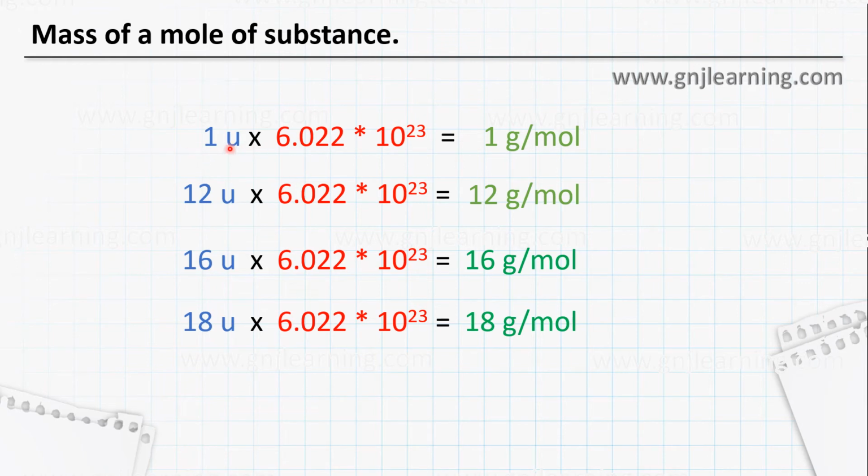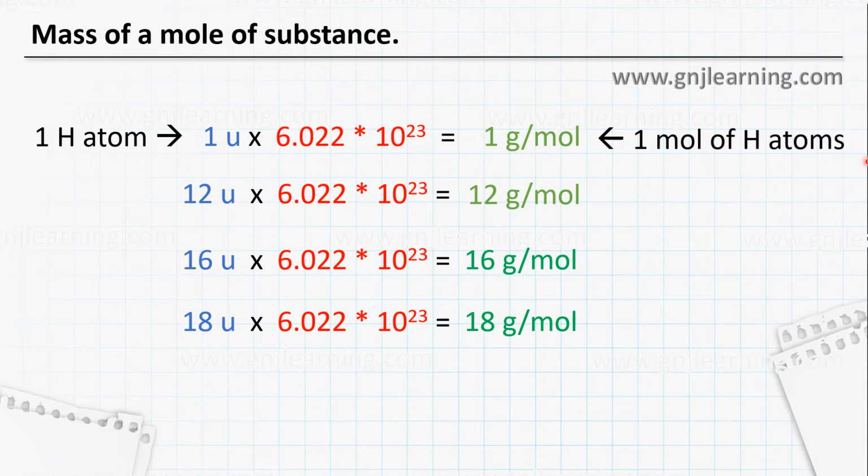So what is this? This is what you know, the mass of one hydrogen atom. And what is this? This is the mass of 1 mole of hydrogen atoms. So that's the difference. And what is this 12 u? Which atom has this mass? It is the carbon atom. So one carbon atom is multiplied with a mole. That means this is the mass of 1 mole of carbon atoms, isn't it?